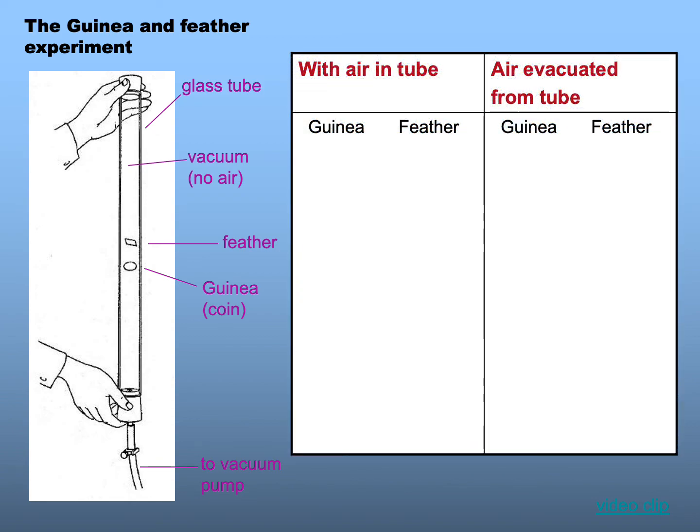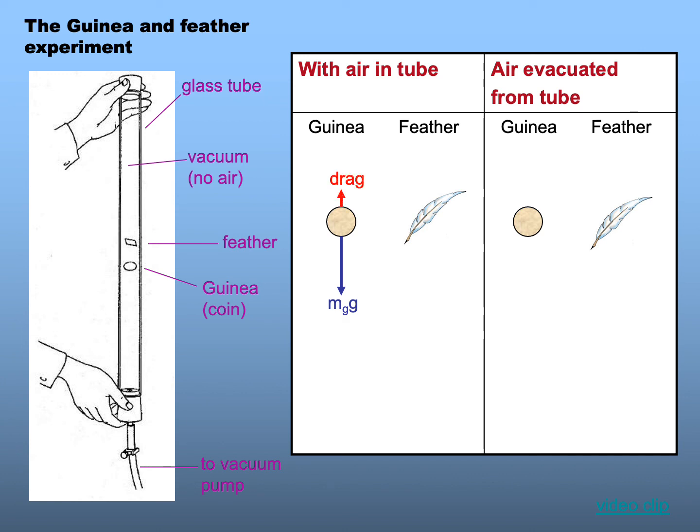Here's a little bit of analysis then as to what's actually going on, and this will make more sense if you see the video of the experiment, which I'll post separately. Firstly, with air in the tube, let's consider the guinea and the feather and the forces on them. The guinea will have a force, its weight, mg, the small g is for guinea, and it experiences a little bit of drag.